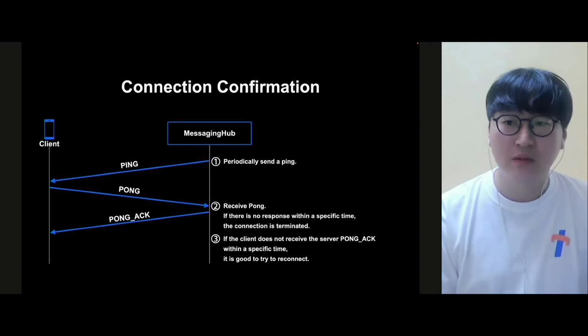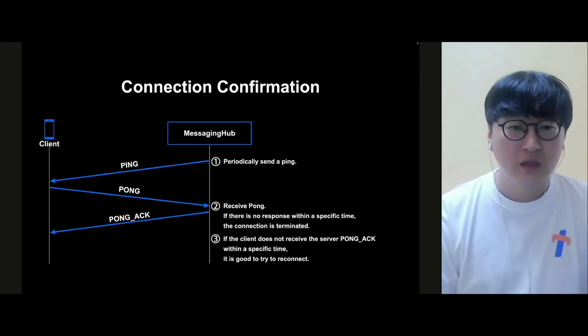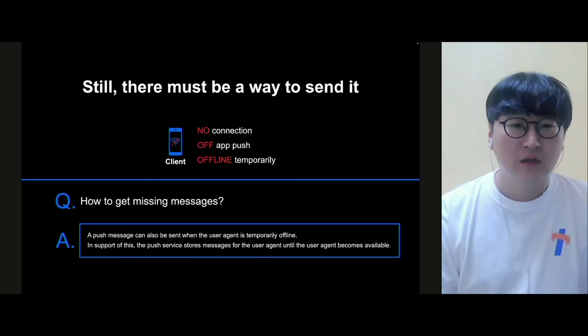In this case, the reconnection could also be done again. So with the message receiving confirmation and the connection confirmation, we would be able to process the information reliably and safely.